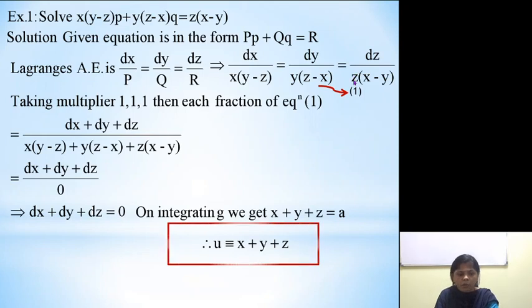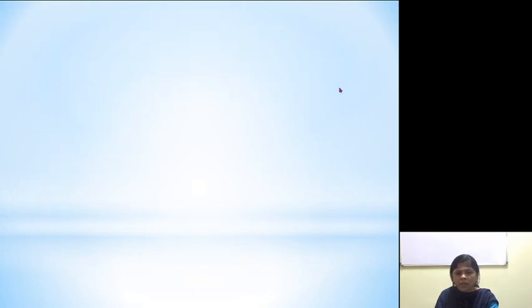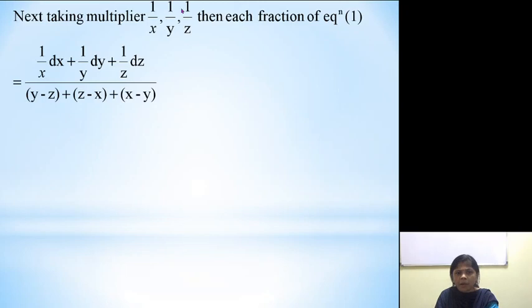So the next set of multipliers is 1 by x, 1 by y, 1 by z. Then each fraction of equation 1 will be equal to 1 by x dx plus 1 by y dy plus 1 by z dz upon, x gets cancelled, we are left with y minus z, plus y gets cancelled, z minus x, plus the last term x minus y.